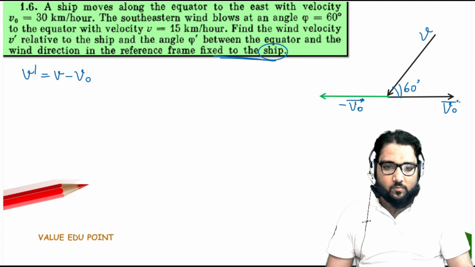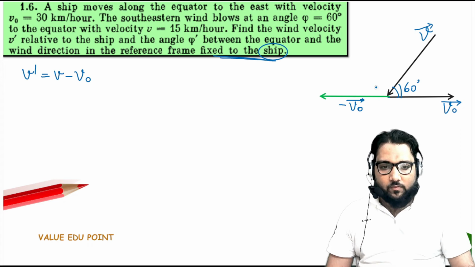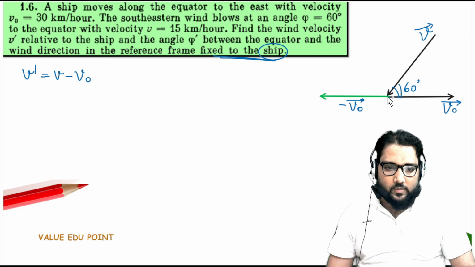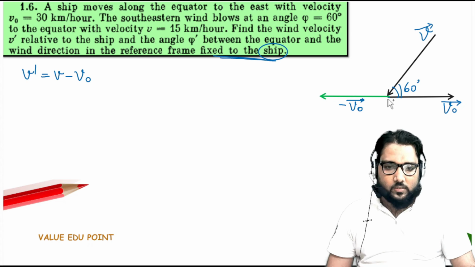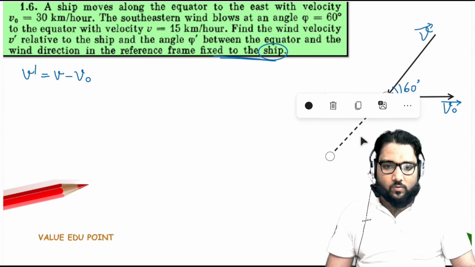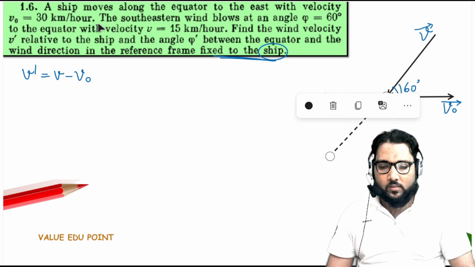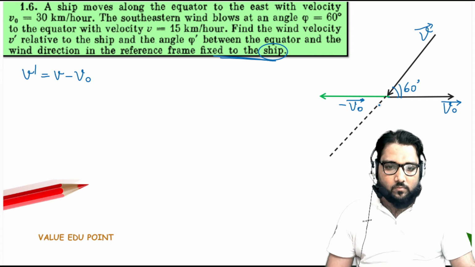This is the v naught. Now, if I take this arrow in this direction forward, sorry, guys. And the angle between these two vectors is 60.